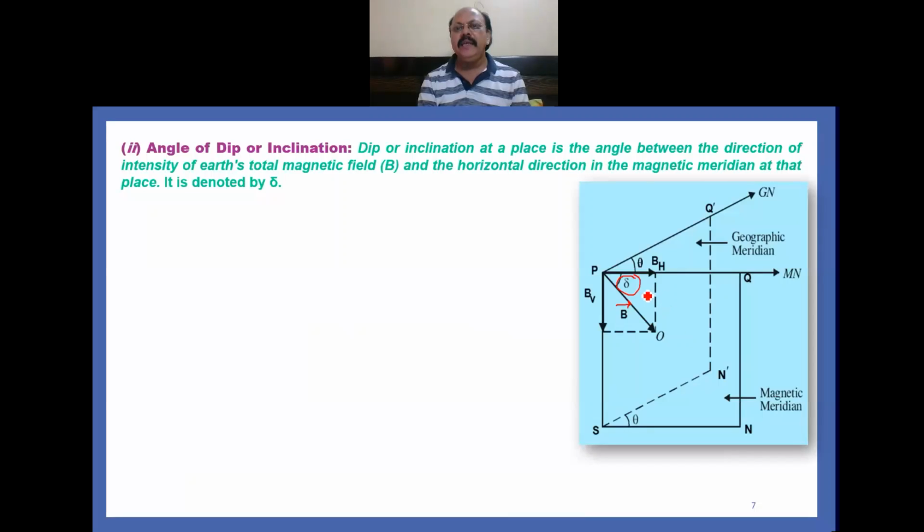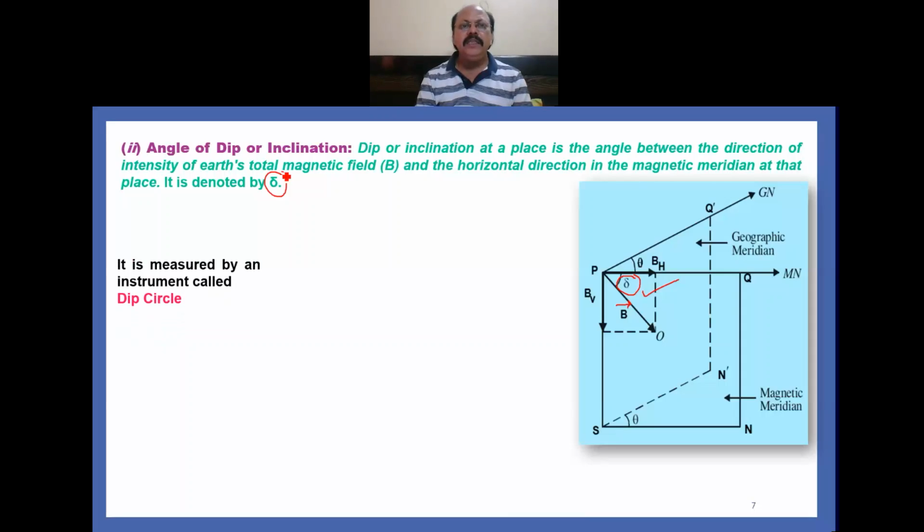That is known as the angle of dip or inclination. So the angle of dip or inclination at a place is the angle between the direction of total magnetic field intensity and the horizontal direction in the magnetic meridian at that place, and it is represented by delta. So remember it.